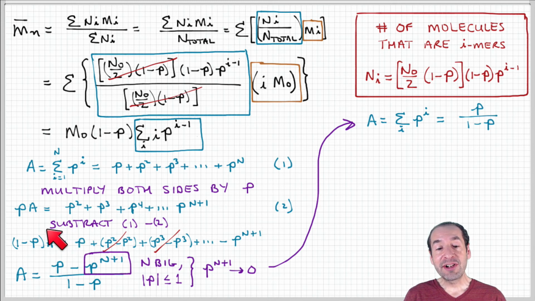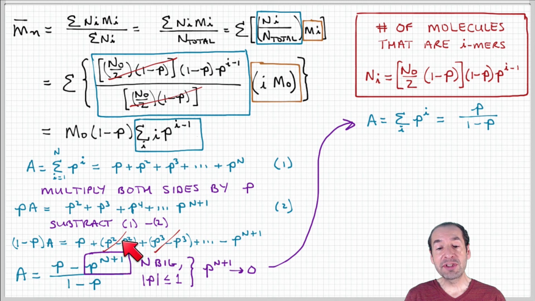When I do that, on the left-hand side, I get 1 minus p times A. And on the right, there's no other p here, so I have a p squared here minus p squared here, a p cubed here minus a p cubed here, all the way up to, I don't have an n plus 1 here, so I have 0 minus p to the n plus 1.